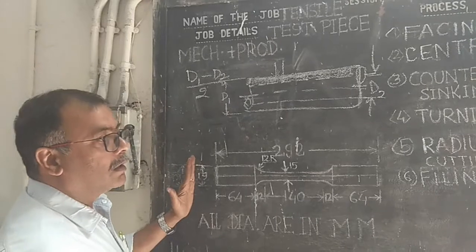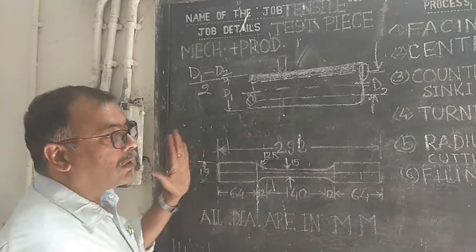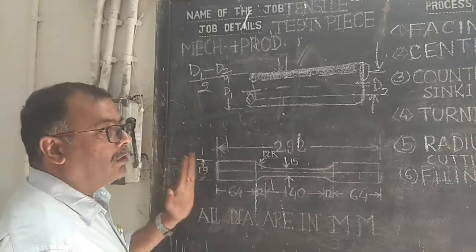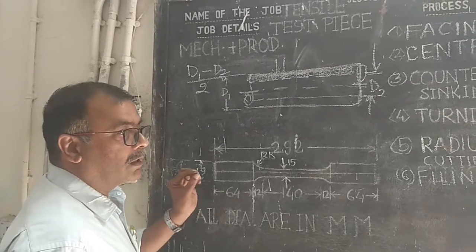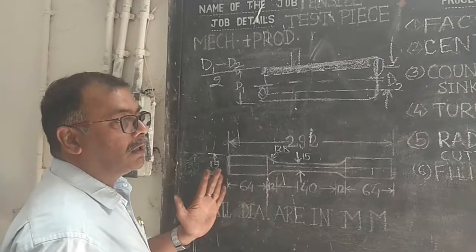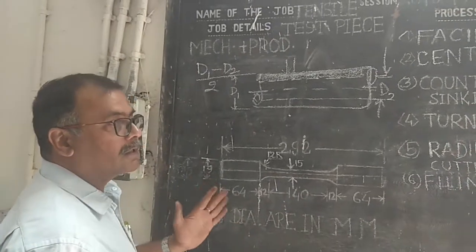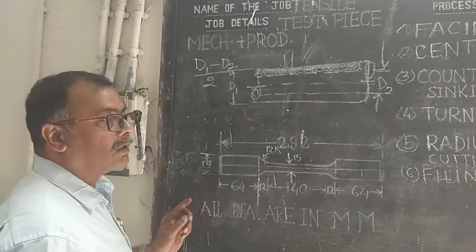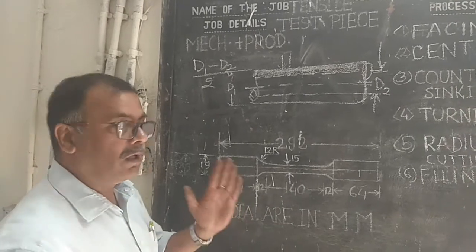But the complete 3 mm of material cannot be removed in a single cut, because every material has its limitation of strength. The tool has a limited strength.